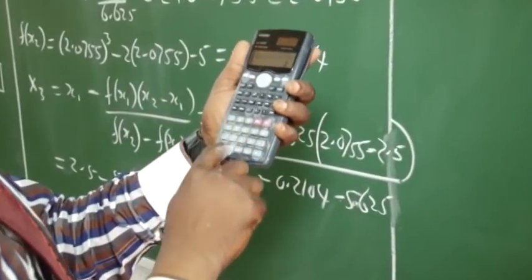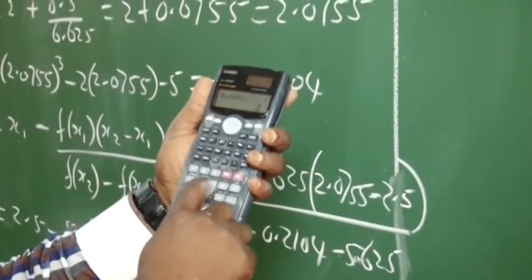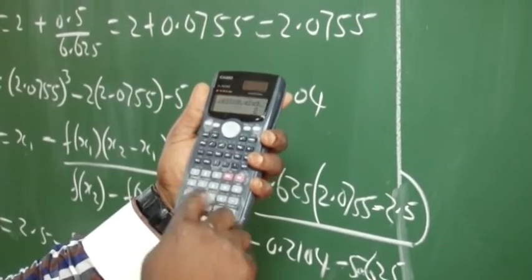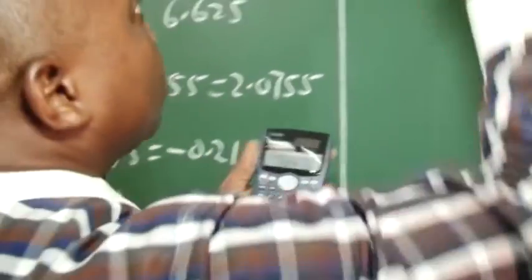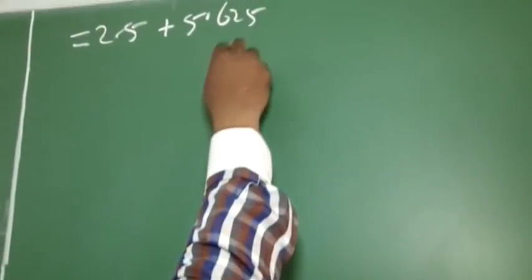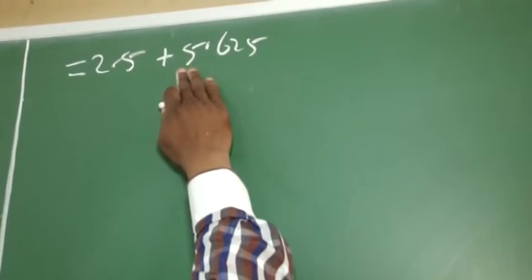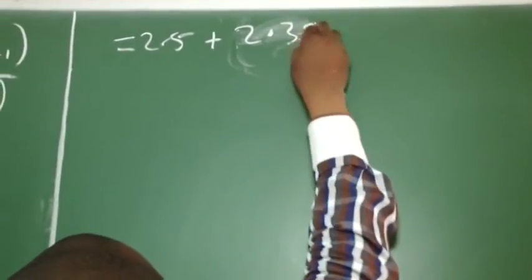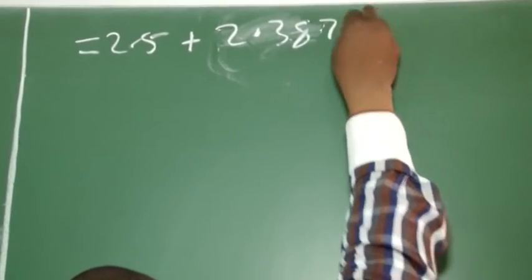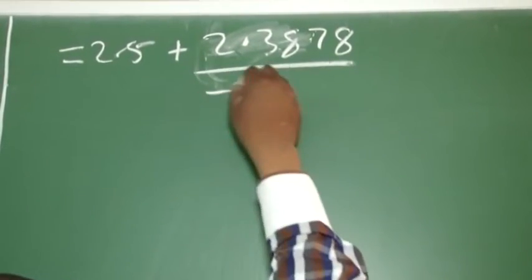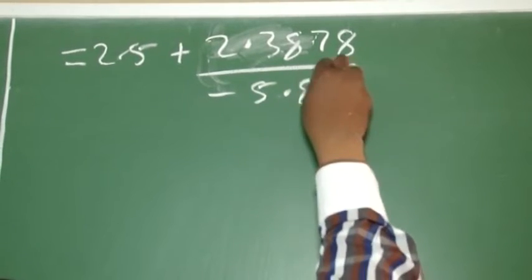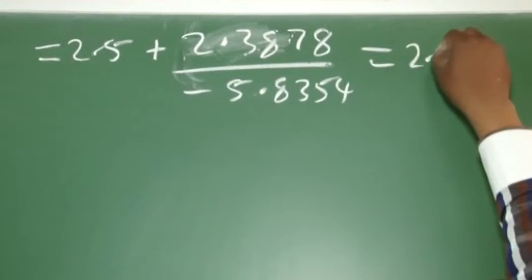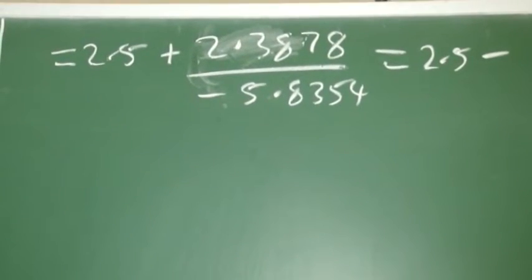We have 5.625 times 0.4245. That gives us plus 2.3878 divided by minus 5.8354. Now this will give us 2.5 minus because of this.